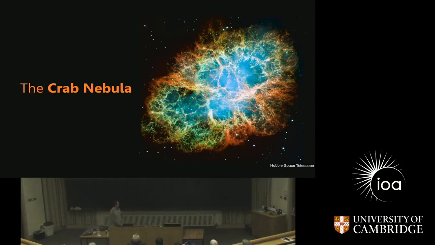This is a cloud of gas a little bit over 6,000 light years away from Earth, and its size is a few light years across, which fits for a material flying at a few thousand kilometers per second for almost 1,000 years.